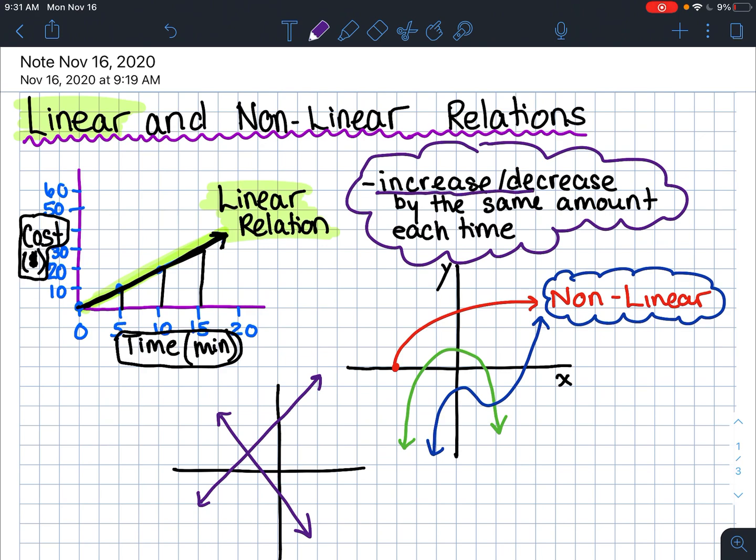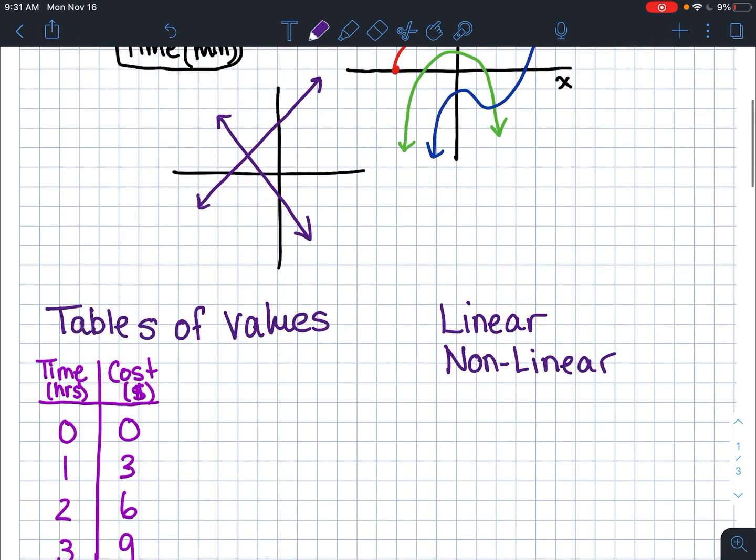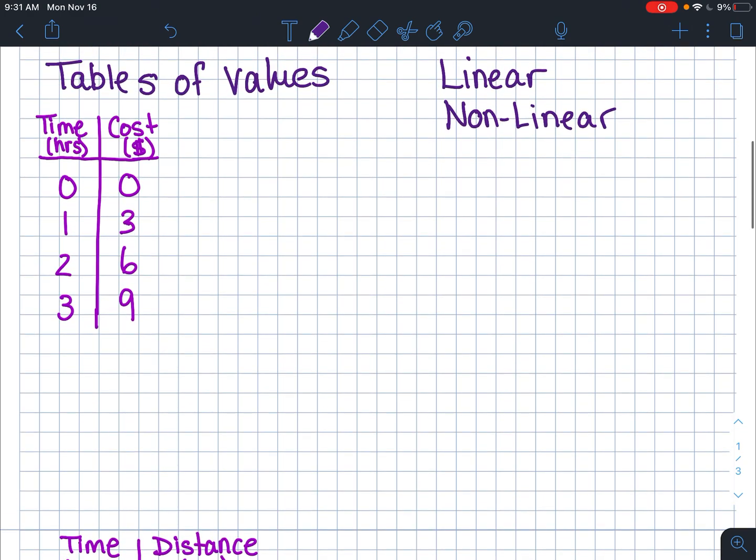They increase or decrease by the same amount. Let's check. In this table, time is going up by 1. See how it's going up by 1 every time? And cost is going up by 3. If we add 3, we get the next number.